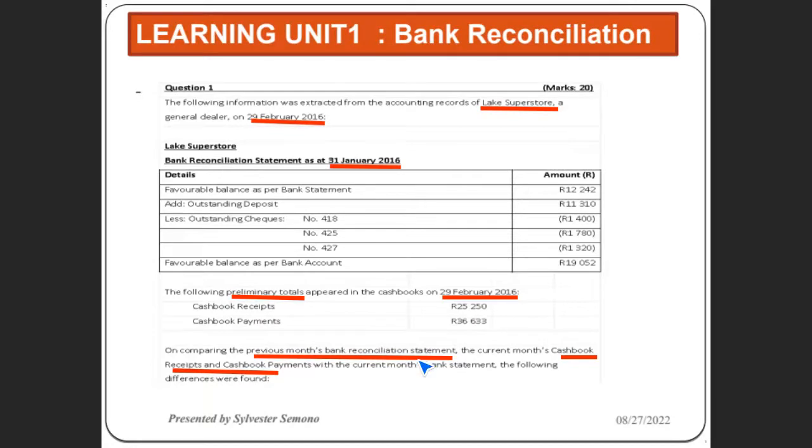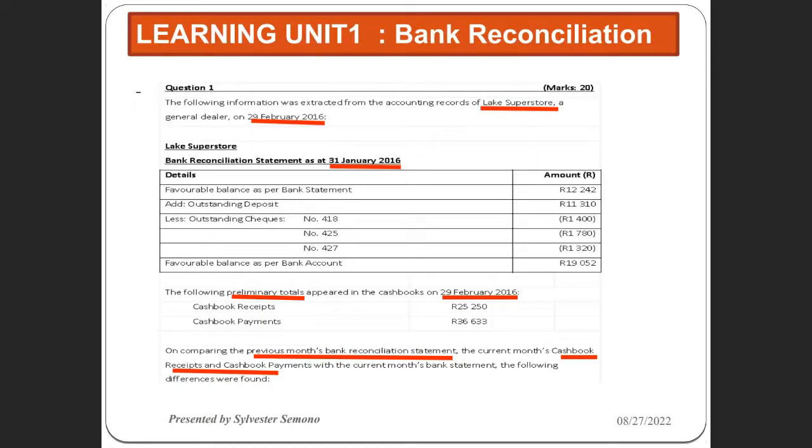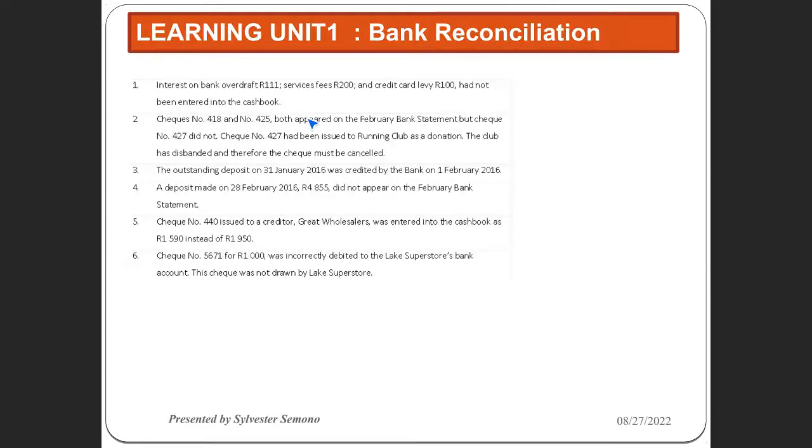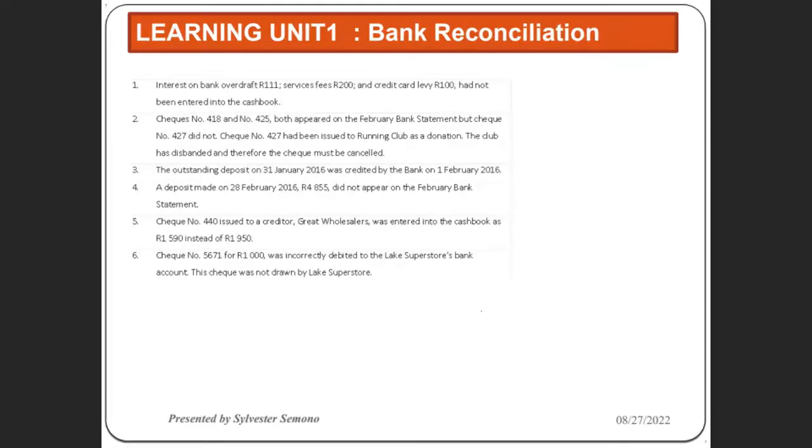Are you still following? Yes, sir. Okay. Now, let me go to the next and then you'll see. So when they compared, they found the following. Firstly, they found the interest on overdraft of 111, the service fee of 200, and the credit card levy for 100.